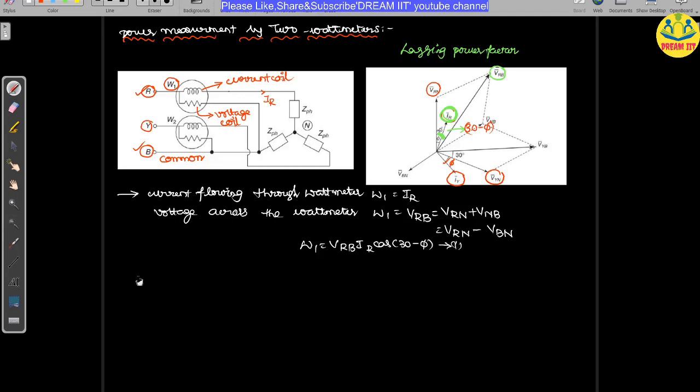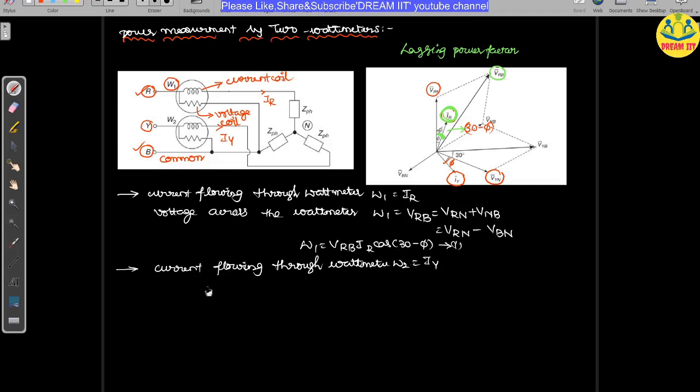Next, you see the other wattmeter. What is the current flowing through wattmeter W2? Here I am taking it as IY. That is the current flowing through the wattmeter, IY.